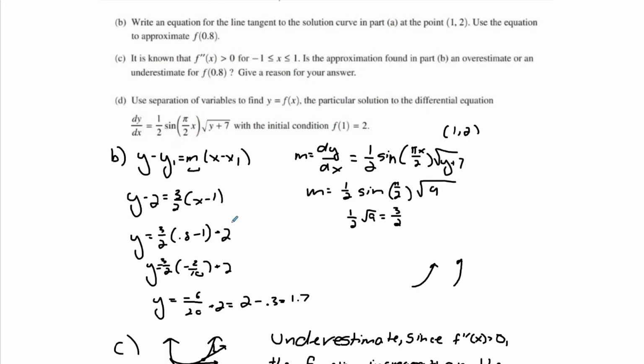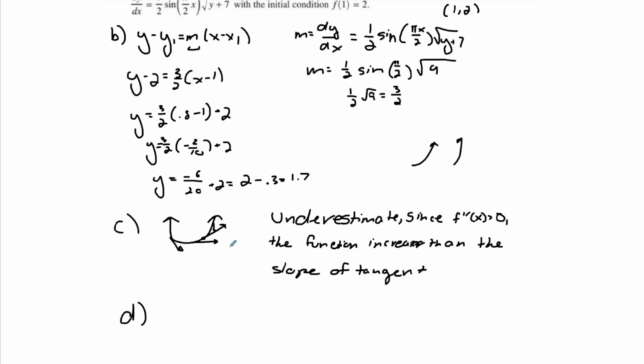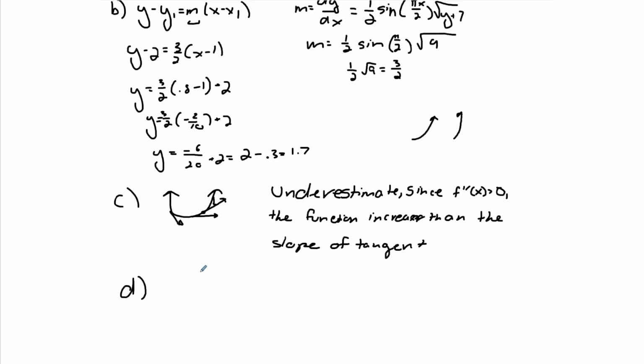Part D says, use separation of variables to find y equals f of x, the particular solution to this differential equation. So let's again write it. It was dy/dx equals 1/2 sine of pi over 2x times square root of y plus 7.